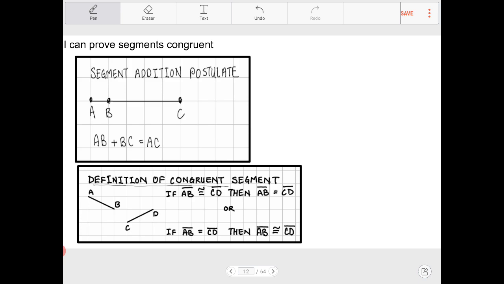Okay, and right now it seems kind of strange to be talking about line segments, right? Because there's only really one dimension to be measuring here, which is length. But when we talk about more abstract ideas, there is a small distinction between congruence and equality. However, I will say this.